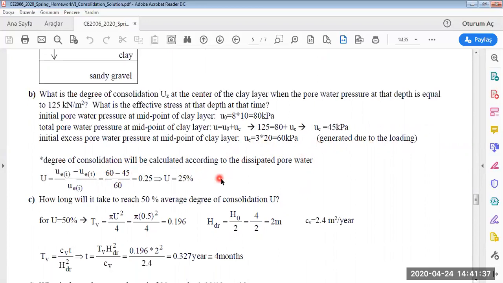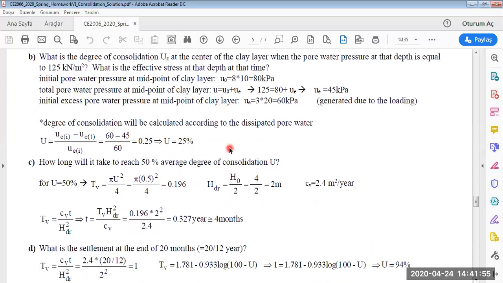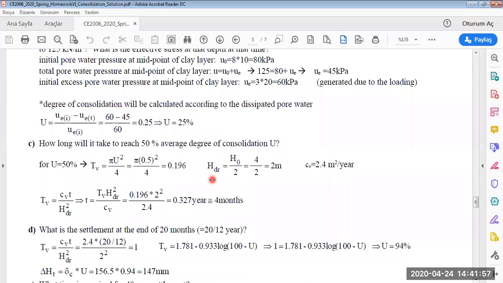There's a direct proportion between the excess pore water pressure and degree of consolidation. So we can write here, as you see, and this is the degree of consolidation for this situation. Again, the time is asked here for the 50% degree of consolidation.